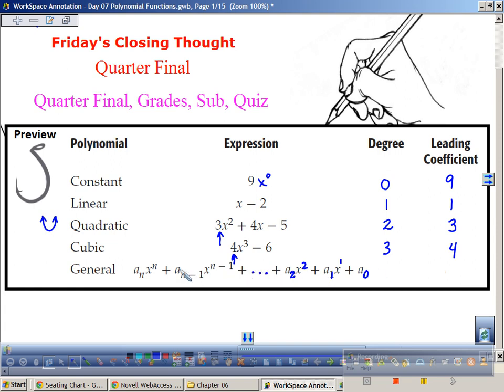We don't know how many there are. But here's the greatest one because we go in descending order. So this could be x to the 10th. And this says a to the n minus 1, x to the n minus 1. That means one less than that. What would that be?